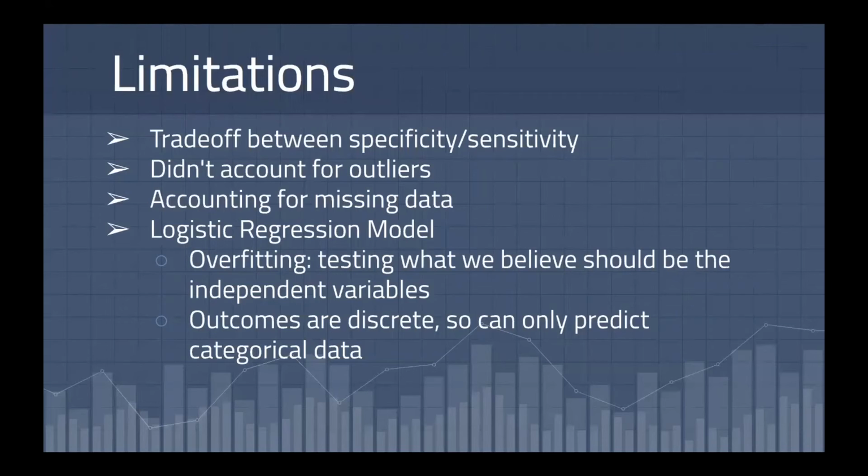However, when we started out, there were a lot of variables of similar correlation coefficient values. So we cut out a lot of those variables and kept the ones that we subjectively deemed as important. This could lead to overfitting because the model could be just testing against itself. And also with logistic regression models, outcomes are discrete, so we can only predict categorical data.